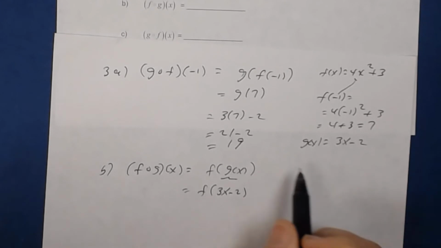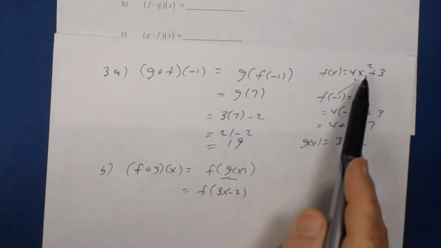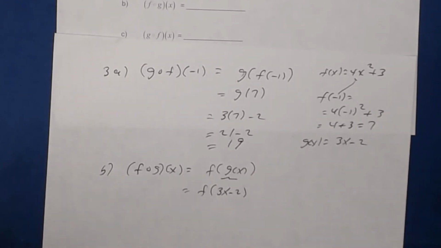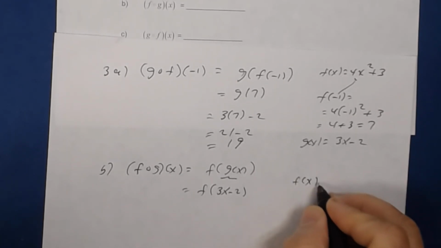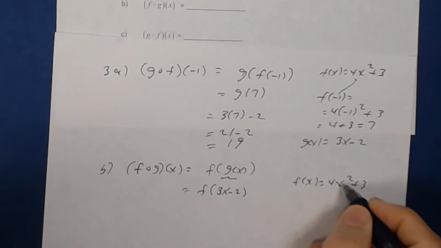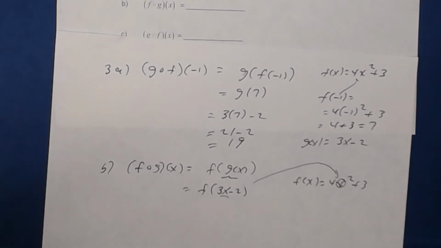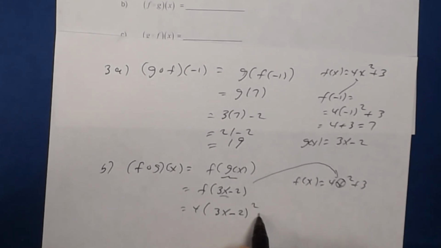So you go to your function f, and where we see the variable x, you substitute this. I'm going to rewrite it over here. You go into your function, this is where I see the variable x, and I substitute this. It's a little bit more work here. So it's going to be 4 times, in parentheses, 3x minus 2 squared, plus 3.